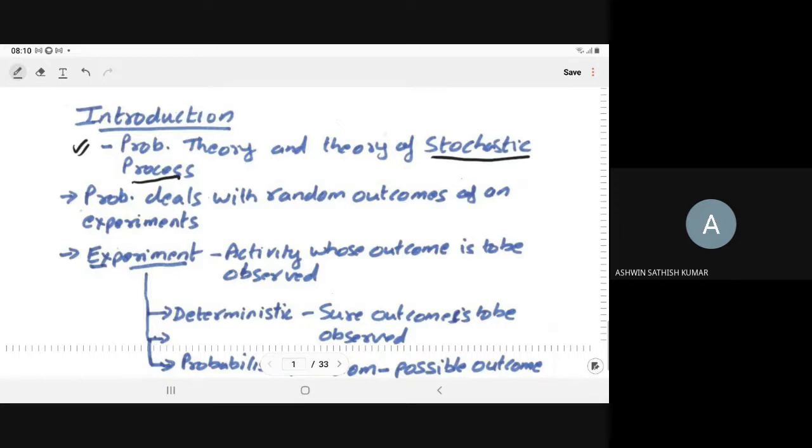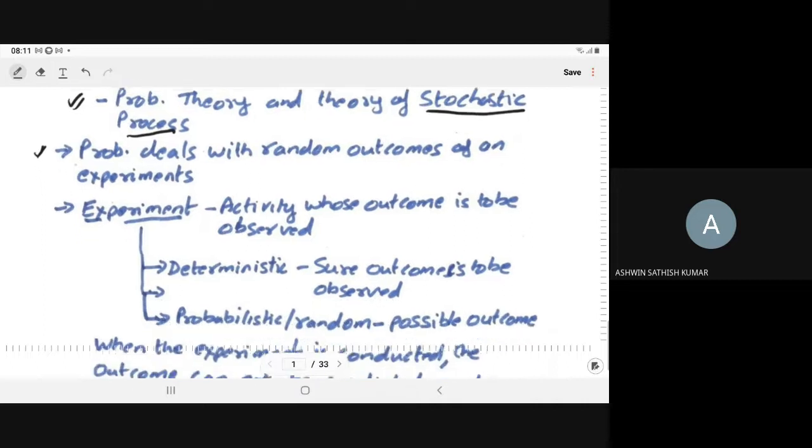So you know that probability deals with the random outcomes of a random experiment. As you toss a coin, whether head or tail will come is probabilistic in nature. So probability theory deals with such random outcomes of a random experiment.